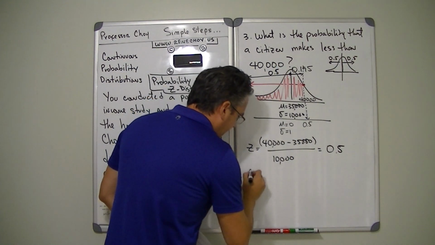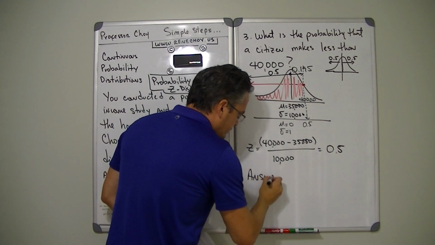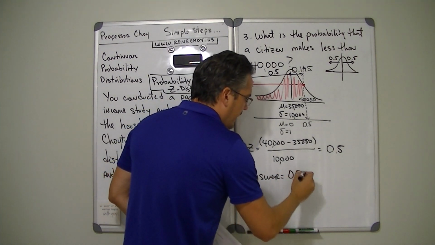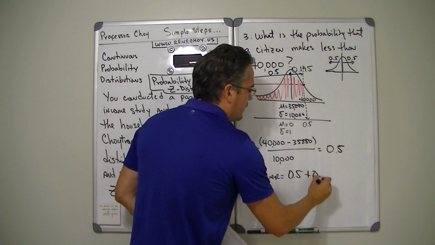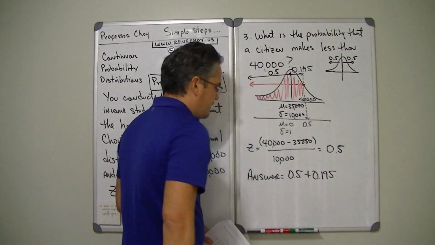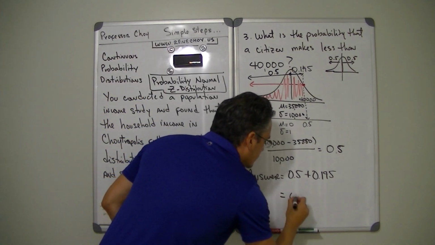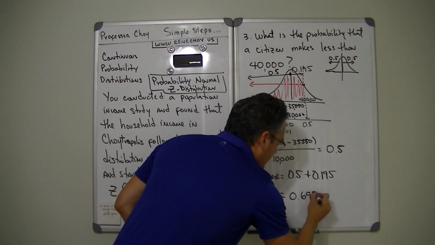Therefore, the answer to my question is equal to 0.5 plus 0.195. That's my answer. So this is equal to 0.695.